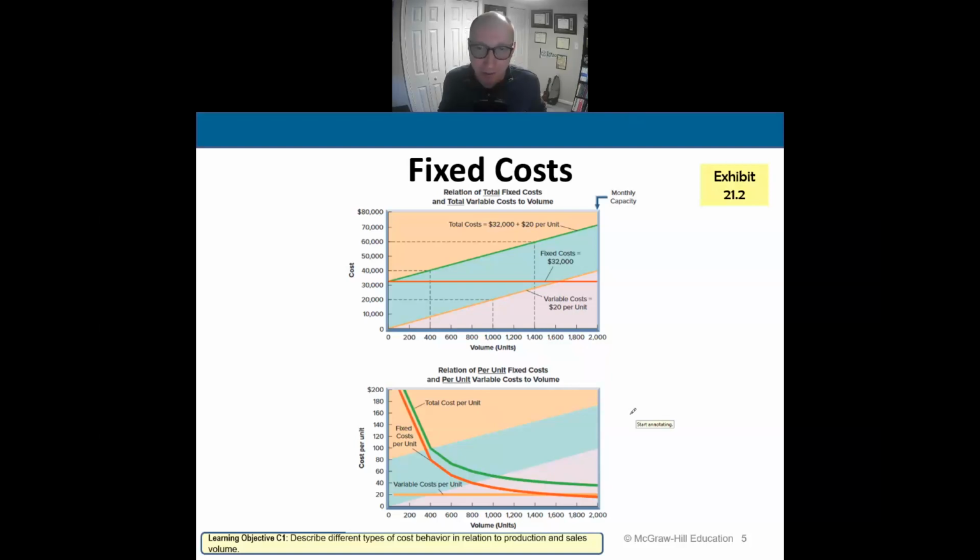Okay, so the fixed cost per unit, we take total fixed cost, I'm sorry, my handwriting is so bad. Total fixed cost, it's a T, divided by the number of units, the volume. Number of units produced.